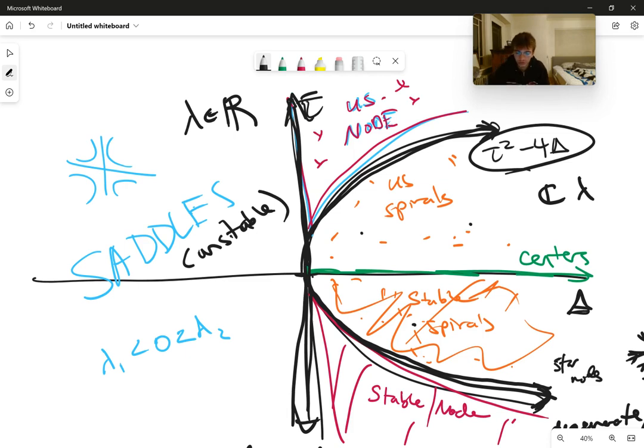There are going to be fixed points that locally look like saddles, and fixed points that locally look like spirals. That's going to tell us a ton of information we can piece together about the behavior of our system as a whole, if we know the local behavior around our fixed points using a linear approximation, x dot is equal to Ax.